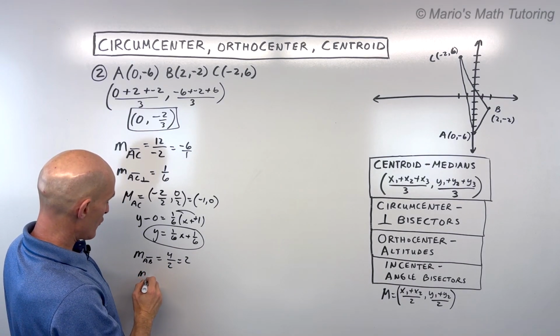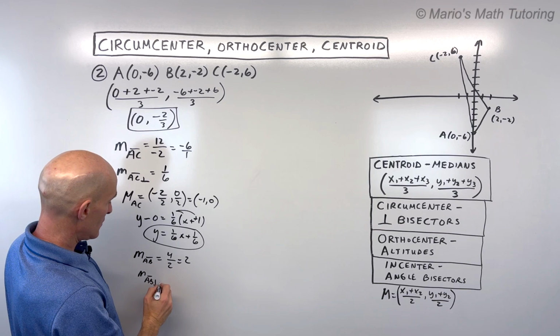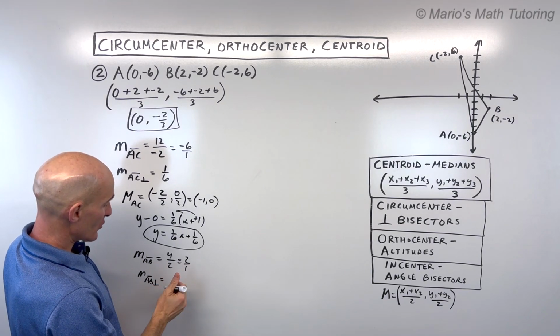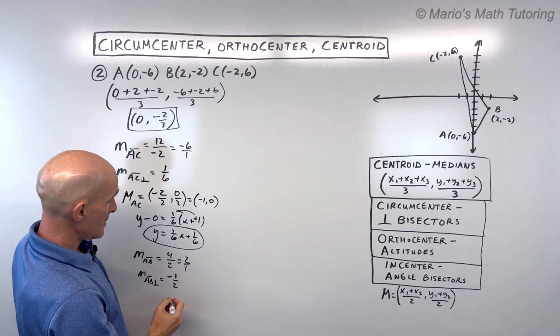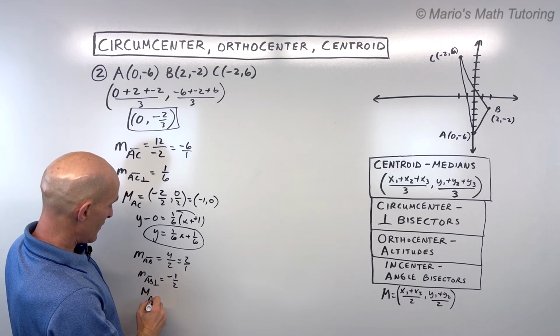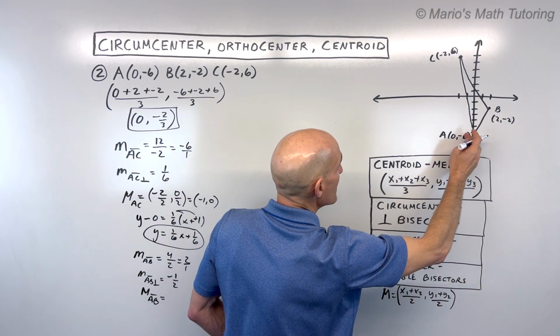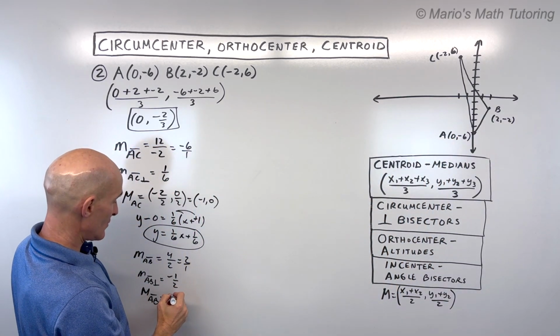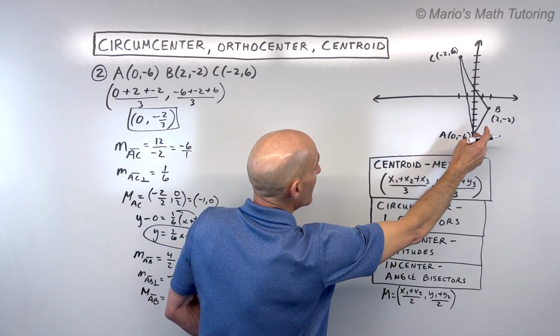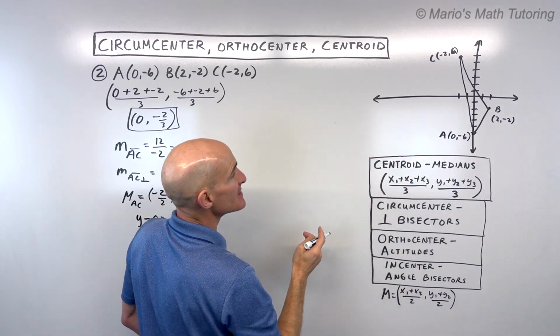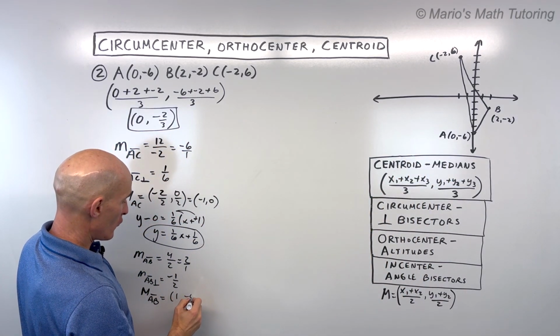Now if we find the perpendicular slope, that's the opposite reciprocal, so that's negative 1/2. And now if we find the midpoint of AB, that's the average of the x's and average of the y's. So 2 plus 0 divided by 2 is going to be 1. And negative 2 plus negative 6 is negative 8 divided by 2 is negative 4.